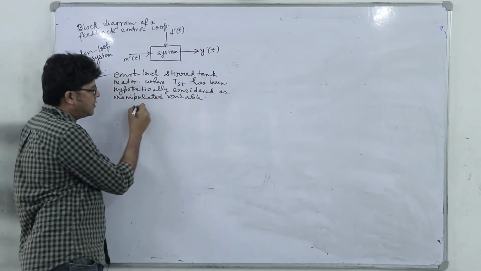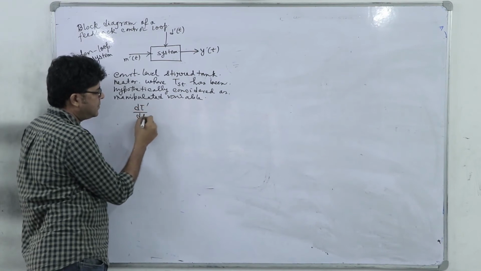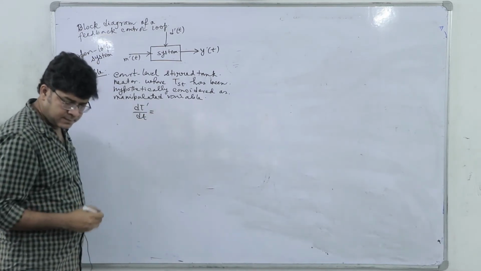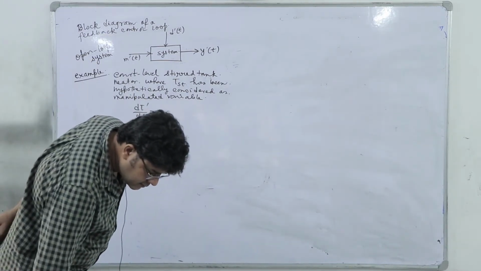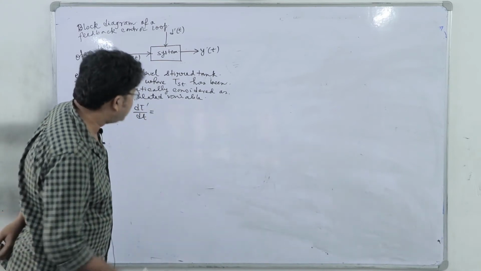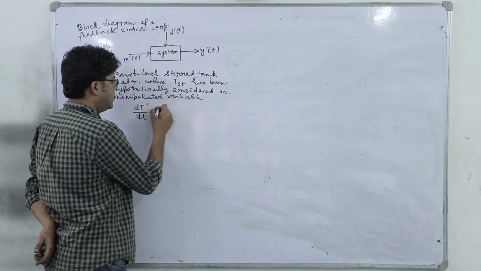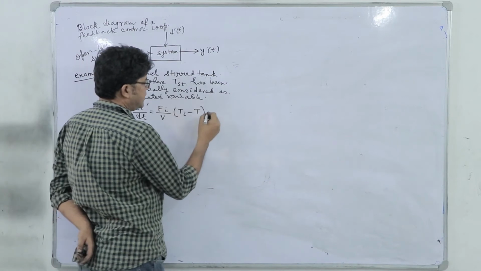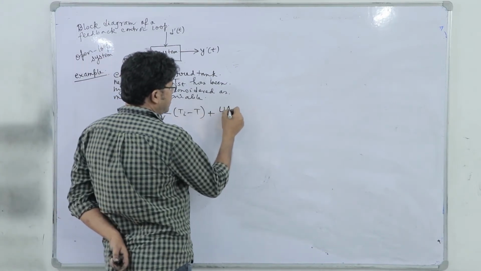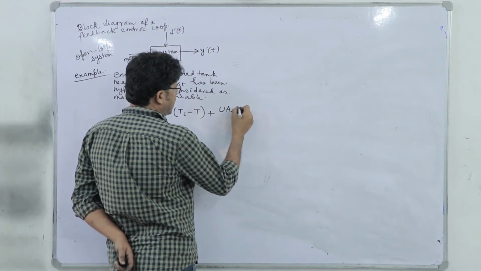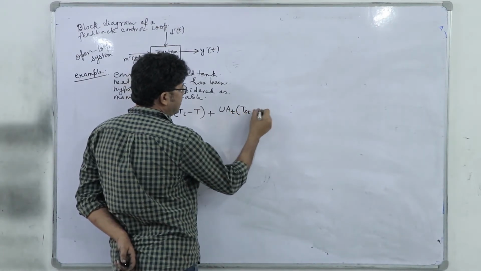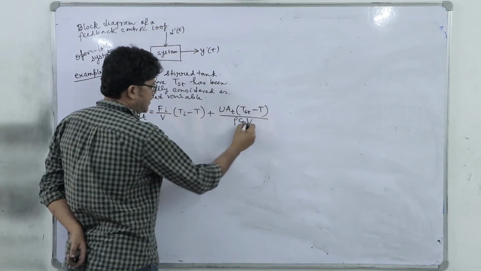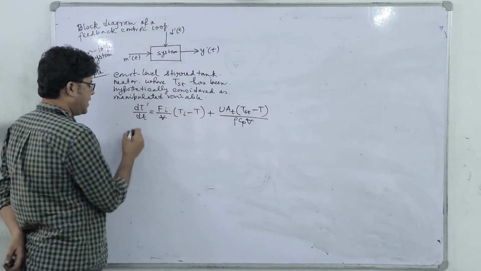So what was the dynamic equation? dT prime/dt is equal to Fi by V (Ti minus T) plus UA (Tst minus T) divided by rho Cp V. V is the volume of the liquid in the tank.